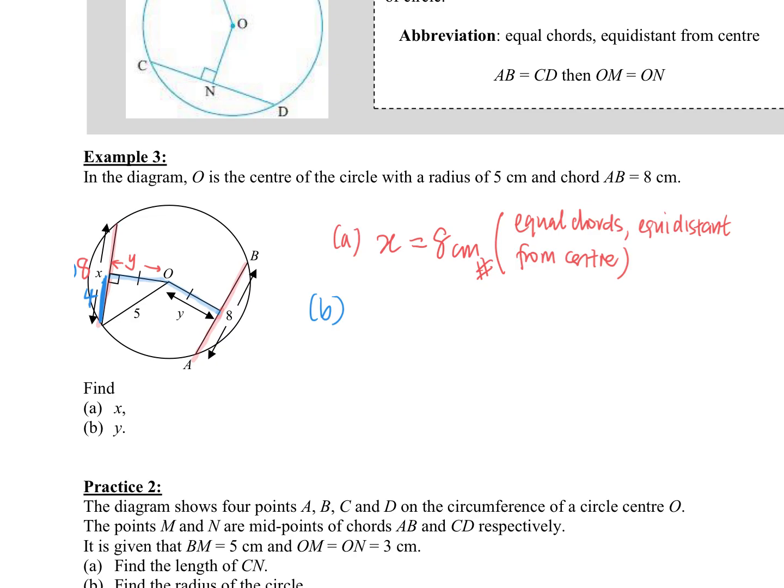So this line is perpendicular from the center. So perpendicular from center will bisect this chord into half. So you can tell me that this line here, let's label it as CDE. So you can say DE. Okay, so it's 4 cm.